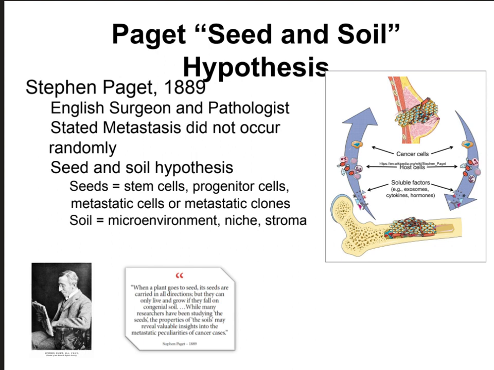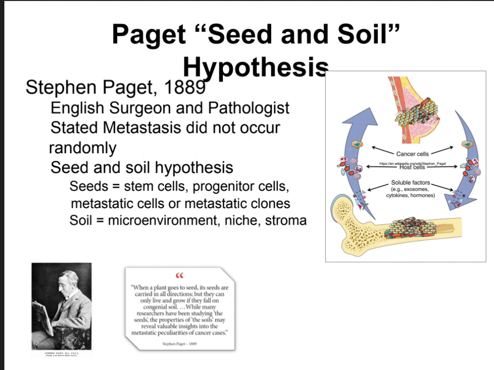And so here we have the Paget seed and soil hypothesis. This was established by Dr. Paget in the 1890s, where he stated that metastases do not occur randomly, but occur via the seed and soil hypothesis he came up with.